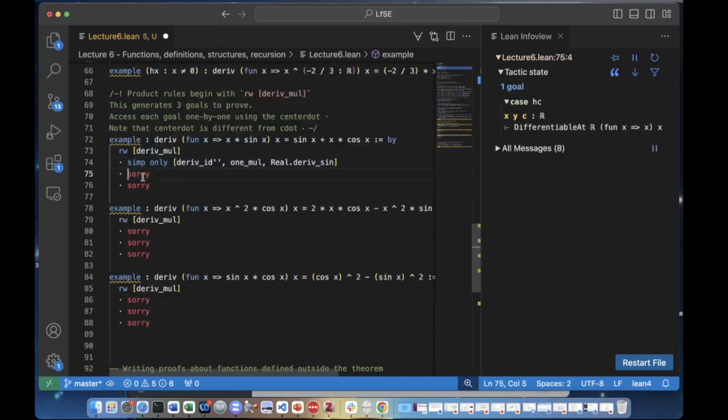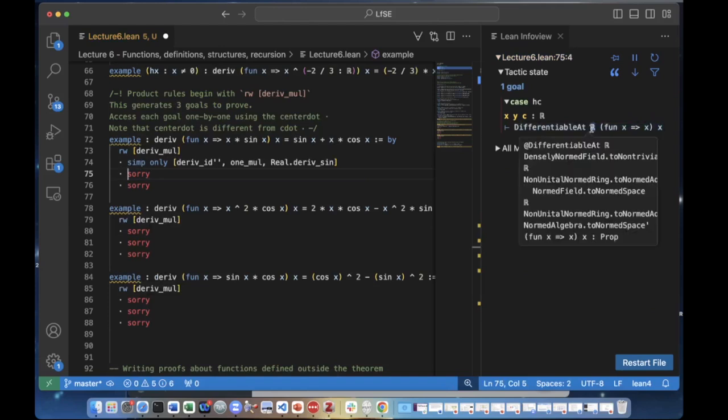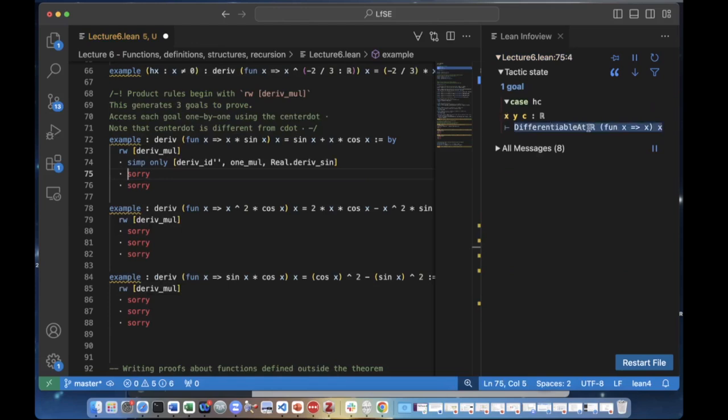How about this second goal? Okay, so the second goal, how do I prove that when I have x as a function, and x is a real number, how do I prove that this is differentiable?